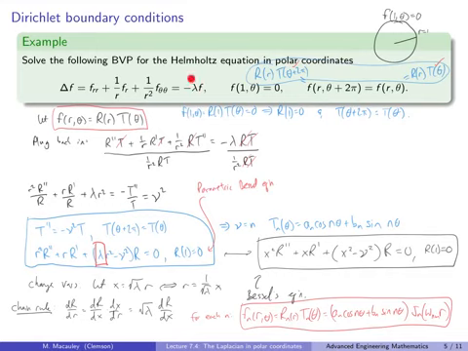So in other words, the eigenvalues are of the form omega_nm squared. And if the radius were not equal to 1, say the radius were a, we would have to divide by, I think, either a or a squared. But just to make things as simple as possible, we're going to assume that the radius is 1.